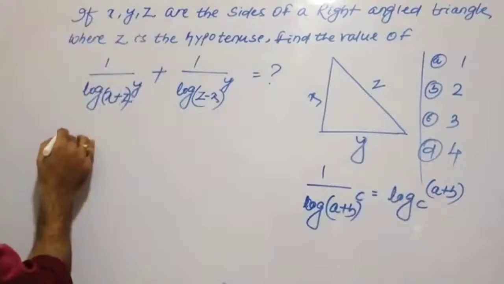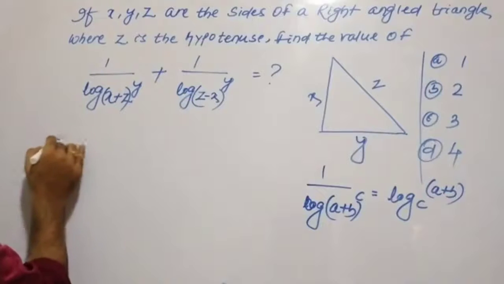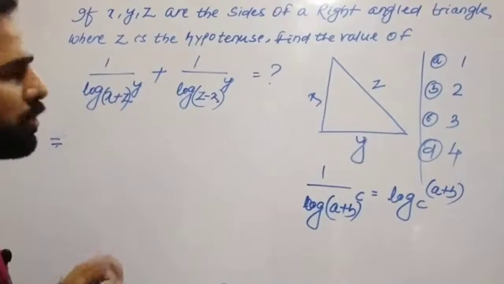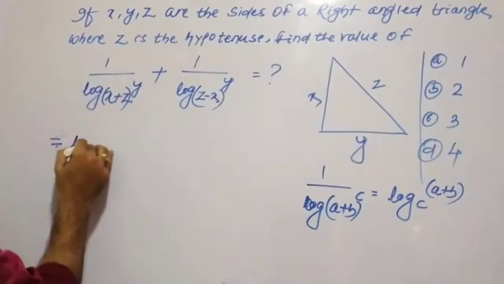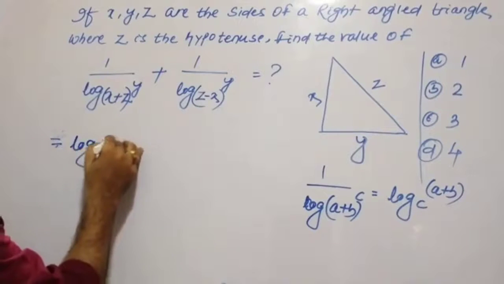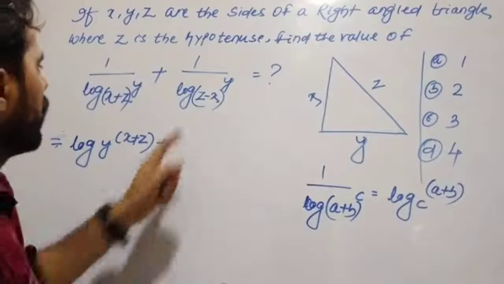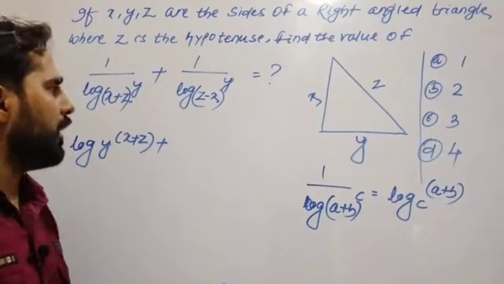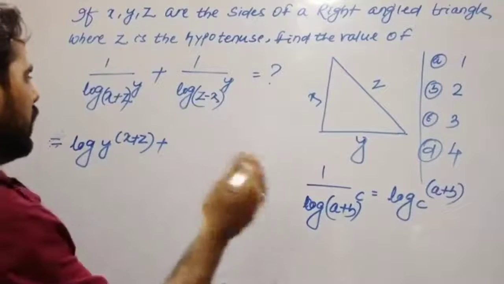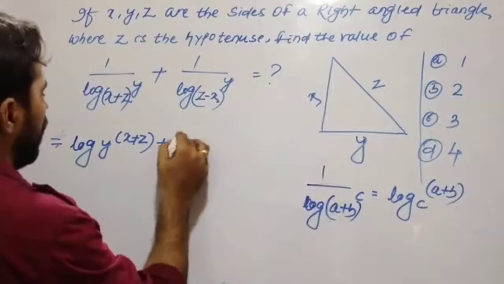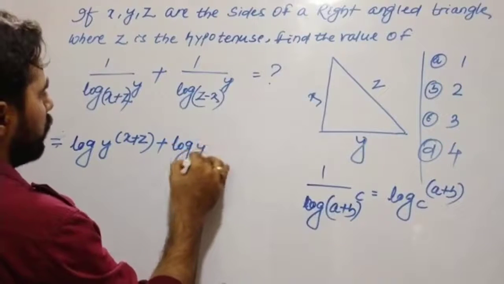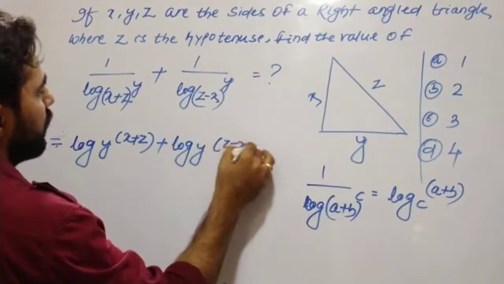Here the same, 1 by log (x plus z) to the base y means log y to the base (x plus z), plus 1 by log (z minus x) to the base y, then by using this formula log y to the base (z minus x).